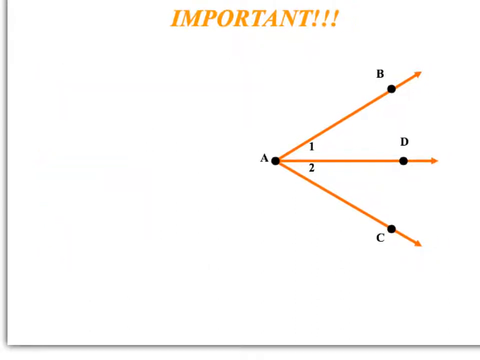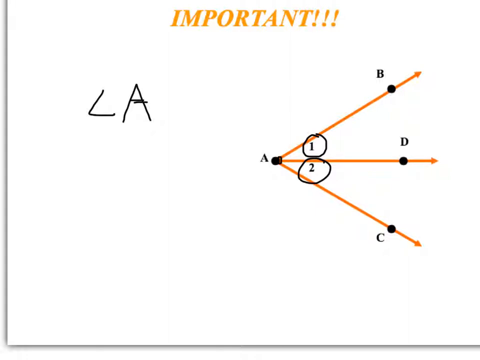To clarify what I just said, let's imagine I decided to name this angle right here, angle A. Now, if I called that angle A, I really wouldn't know which angle you were talking about because not only does angle 1 have A as its vertex, angle 2 has A as its vertex.